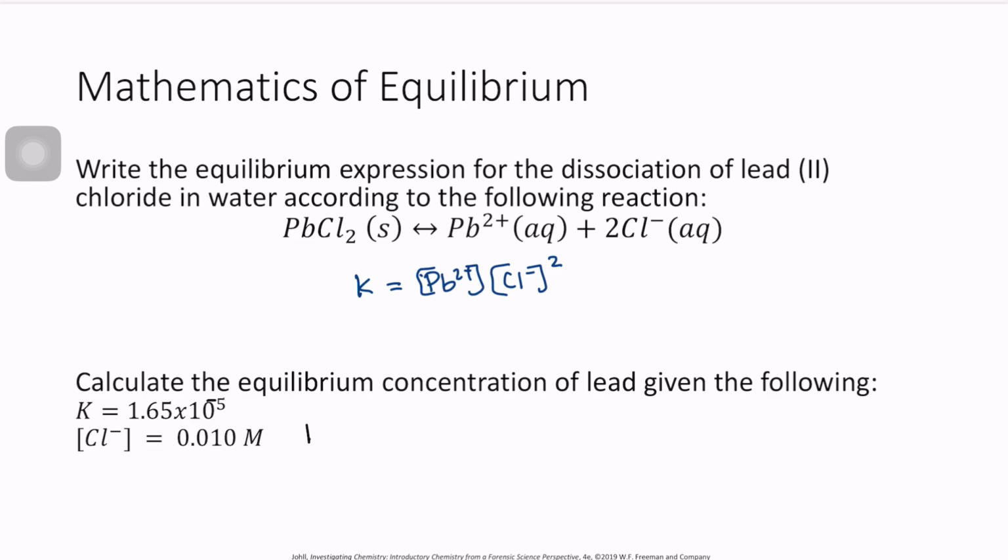Again, we have a plug and chug situation, but I need to make sure I'm solving for the concentration of lead. And that is going to be equal to K divided by the concentration of chloride squared. So my plug and chug situation is going to be plugging 1.65 times 10 to the negative 5 for K and 0.010 in for chloride.